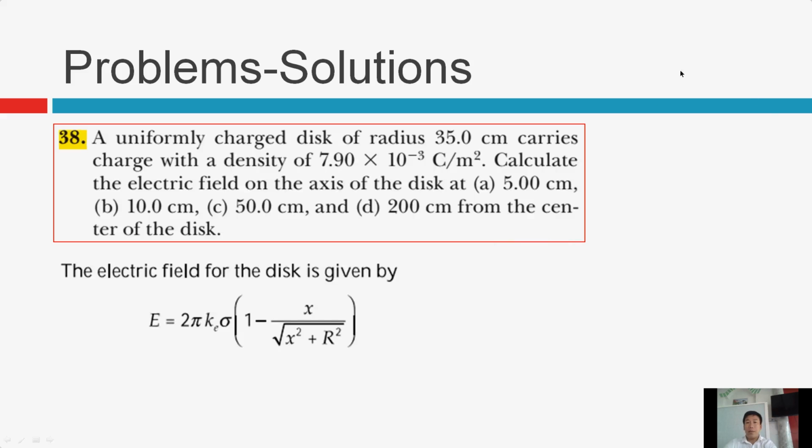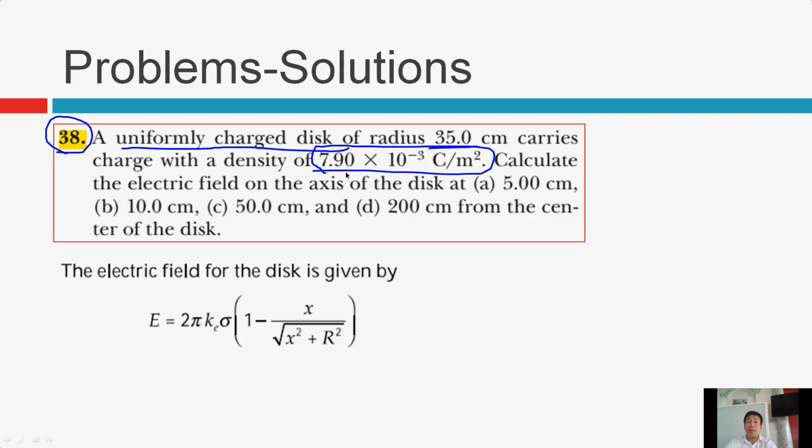And now we go to this question. The problem number 38. In this problem, they give us a uniformly charged disk radius. They give us the radius. They give us the charge density.